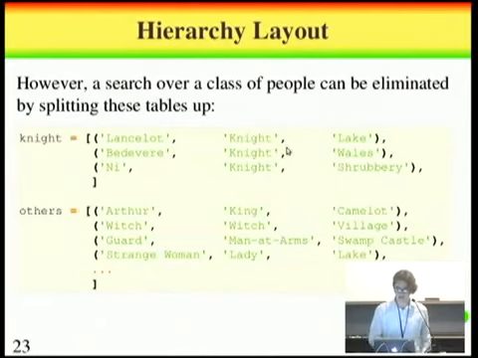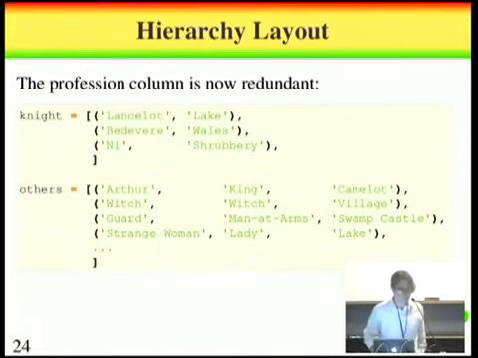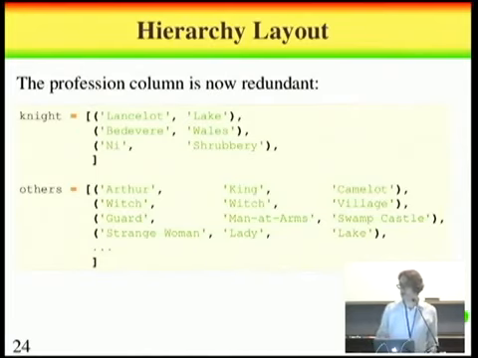I have a knights table, and if I know I want to look at knights, I go to the knights table and just look them up. The thing about this is that when you name that knights table, that second profession column becomes redundant. So that's an extra level of storage that you no longer need.